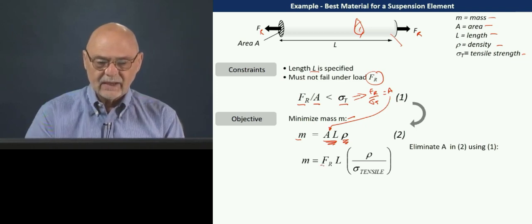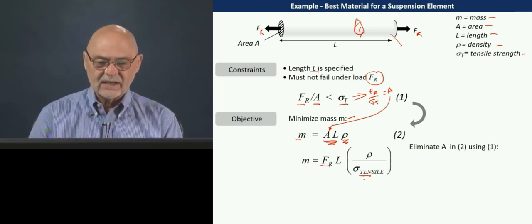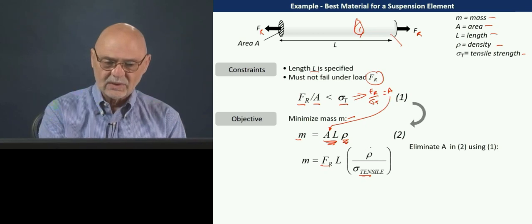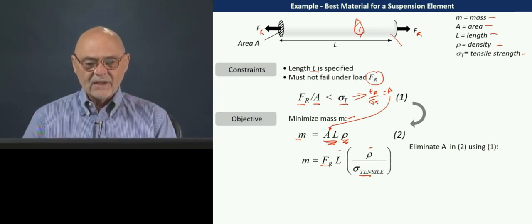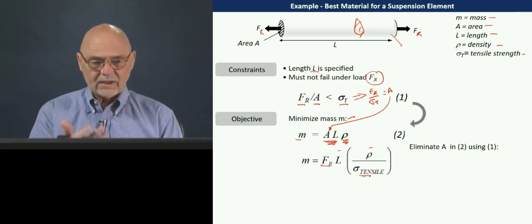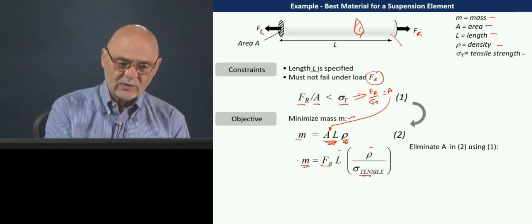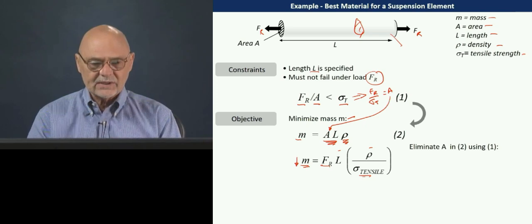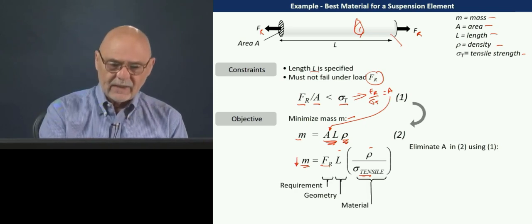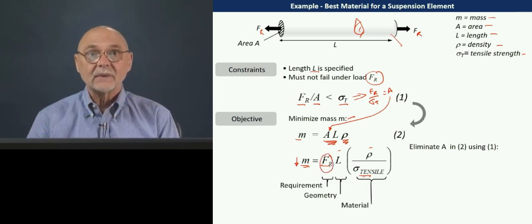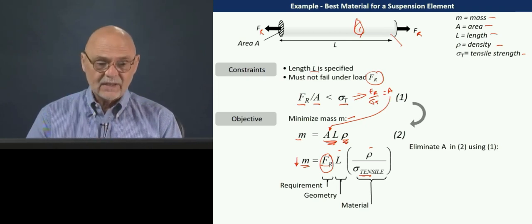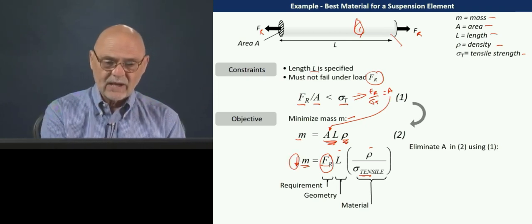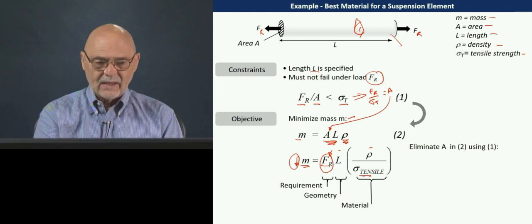So here's the F sub r, here's the sigma t on the bottom, and then here's the rho and the L as before. Now we have an equation for the mass, and remember we're trying to minimize that mass. When we look at this equation, F sub r is a requirement, and we can't change that. That's a given. So if we want to minimize mass, we're not going to do it with the requirement.